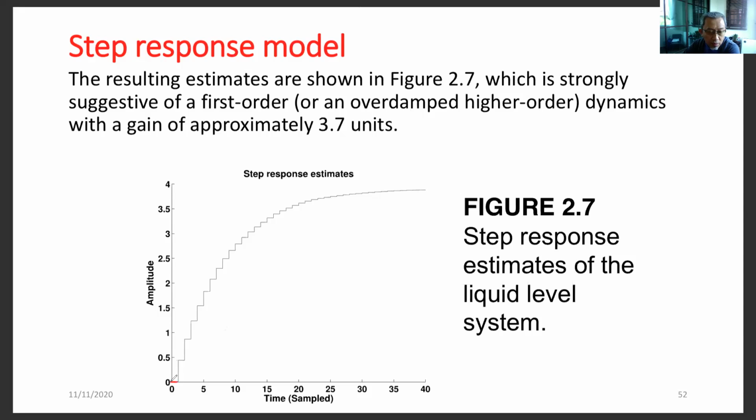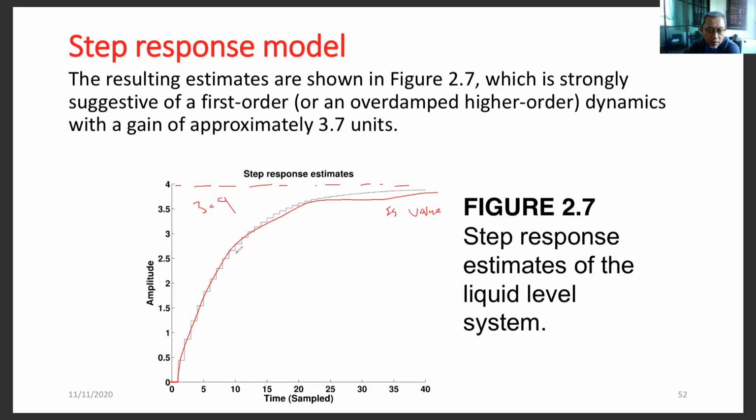It didn't start from 0, then it goes up, goes up, and you achieve the steady state value. SS is the steady state value. In this case, it's about 3.9, I guess. Okay, 3.9.